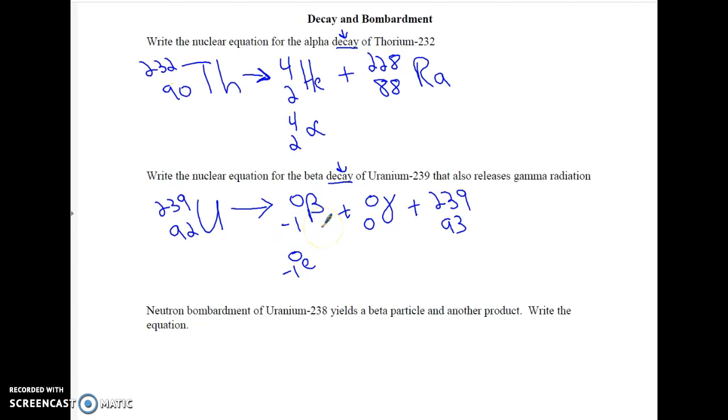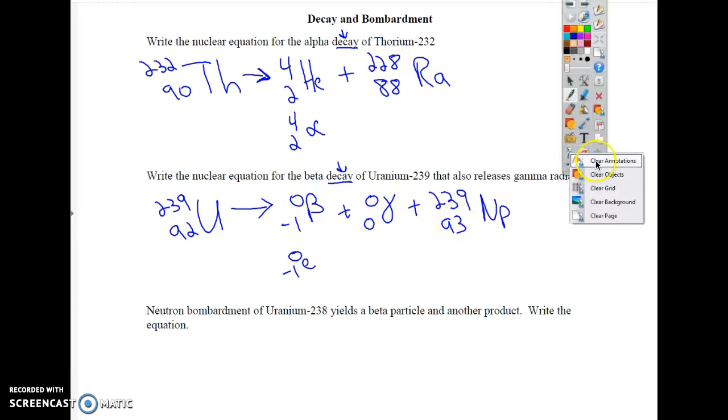Here you have 93 plus -1 equals 92. For this one, you find 93 on the periodic table, and it is neptunium, Np, and that is beta decay. One of the things that throws people off, if you're going too fast, is you have to pay attention to this being a negative, because you're actually going to go up in atomic number. It's very easy to miss that if you go too fast.